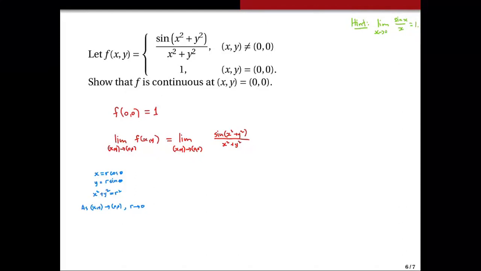So we're almost there. In fact, not just r, but also r squared going to 0. Which means after conversion, we can rewrite the limit as r squared goes to 0 of sine r squared divided by r squared.